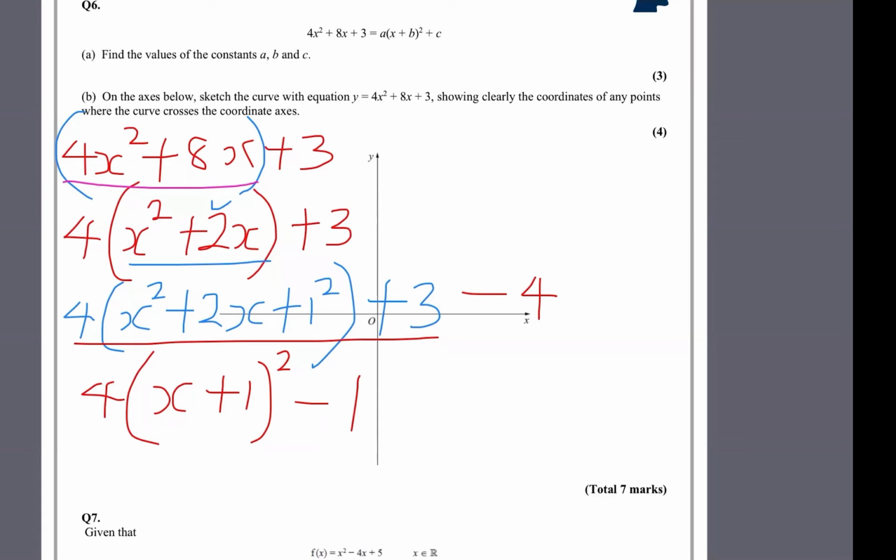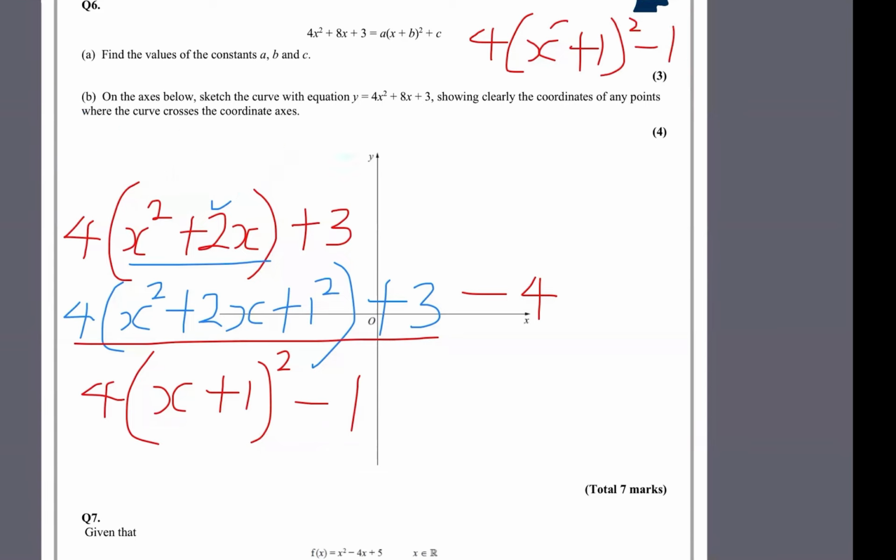And what is so significant about, so I'm just going to write what we got here. I'll write it here so we can have enough space to sketch the graph as was directed in the second part of the question.